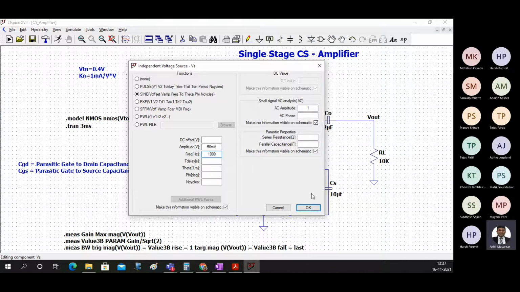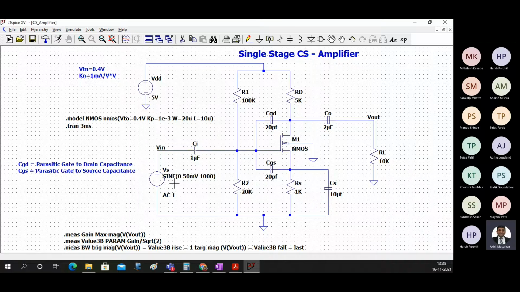And delay and other things you can just keep nothing. And just write here DC offset is 0. So I want you all to show me this circuit and post it in the chat box.